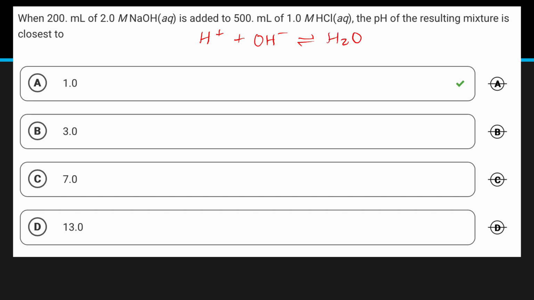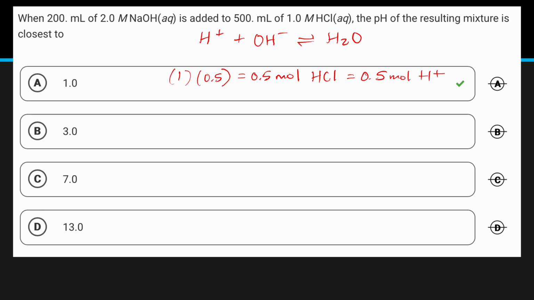So first, let's start off with moles of H+ and moles of OH-. With H+, I have 1 molar HCl with 0.5 liters. It's going to be 0.5 moles of HCl, which is 0.5 moles of H+.